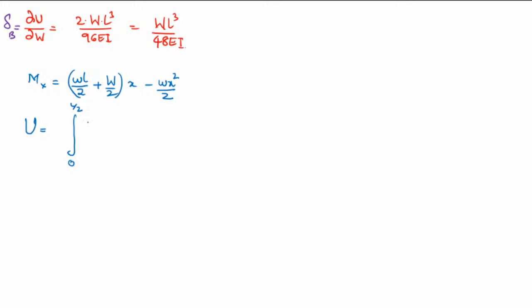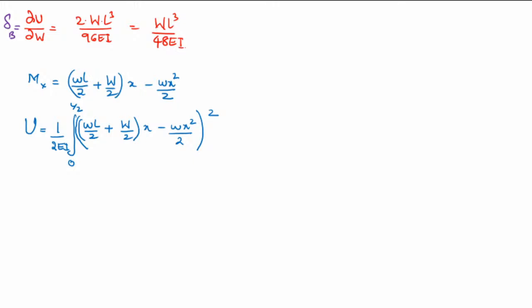Now this is going to be wL by 2 times x minus w x square by 2, whole square, and 2EI is constant, so I will put this outside.